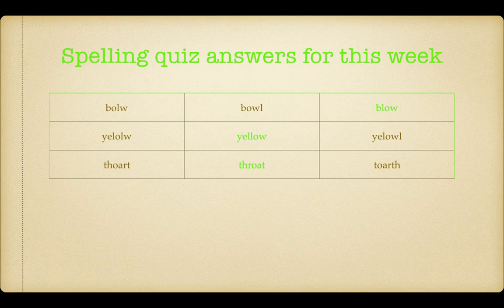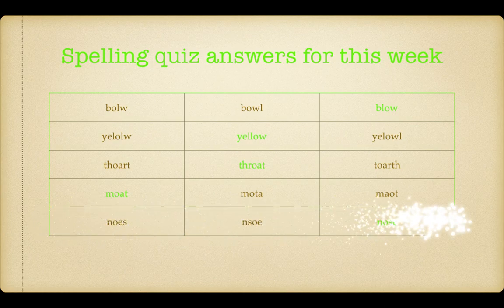The correct spelling for throat was in the middle rectangle, T-H-R-O-A-T. And the 4th spelling word, moat, was in the first rectangle, M-O-A-T. Nose, the correct spelling for nose was in the third rectangle, N-O-S-E.